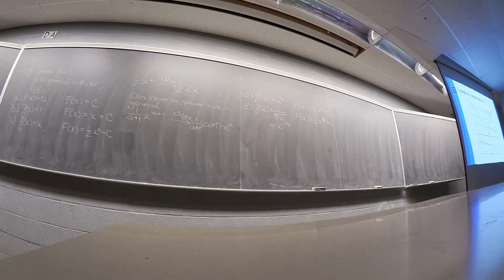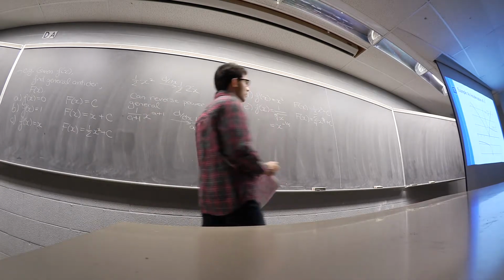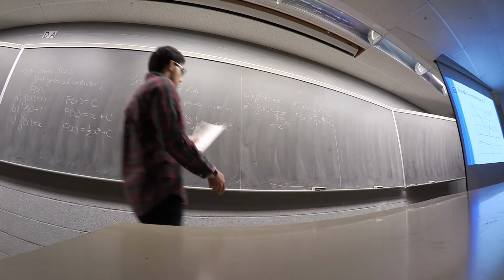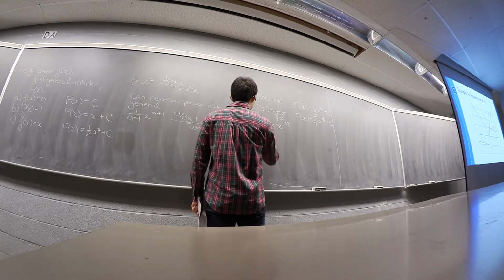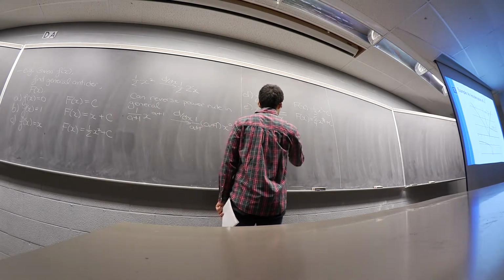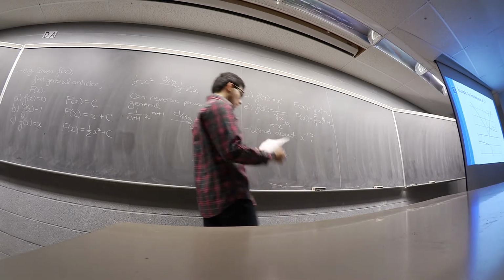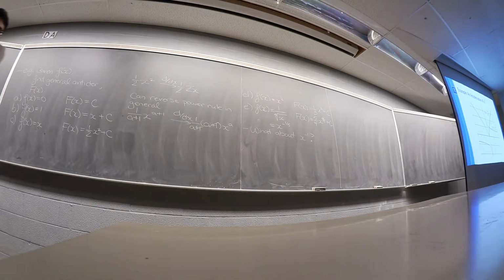You'll notice we said that the reverse power rule does not work for a equals minus 1. So, what about x to the minus 1? All right, people, what has derivative x to the minus 1? Awesome.